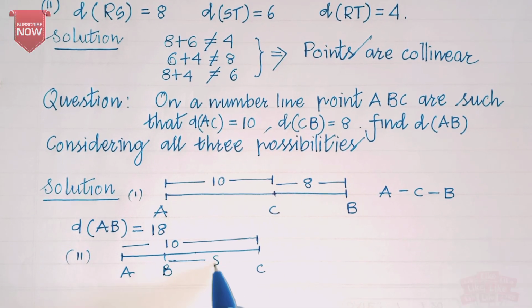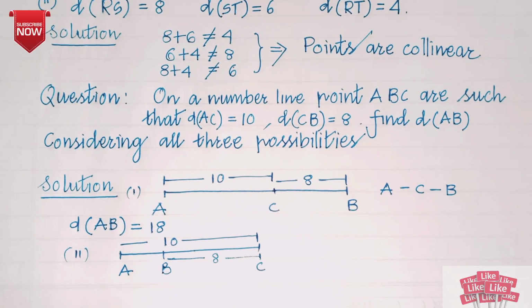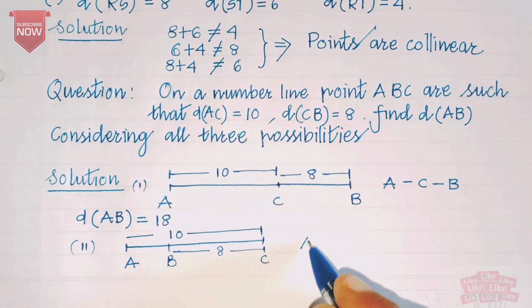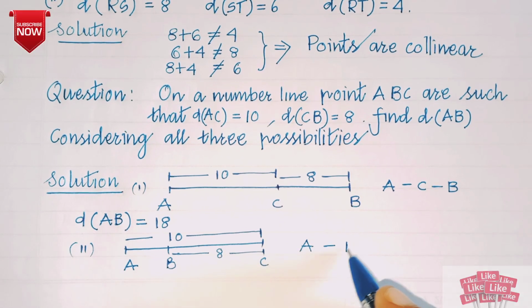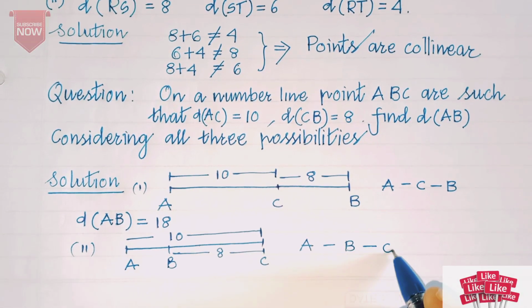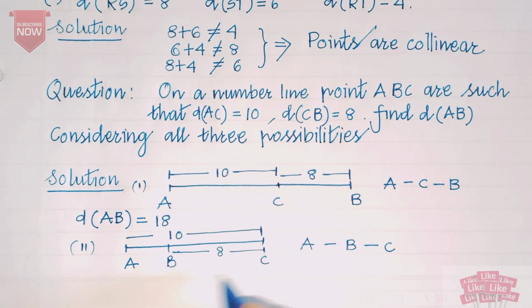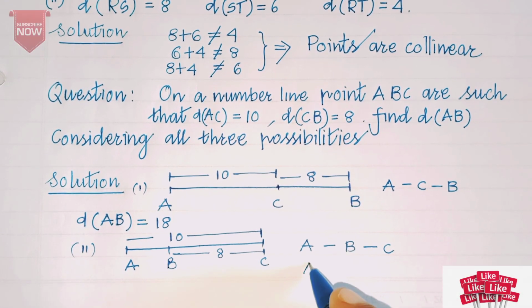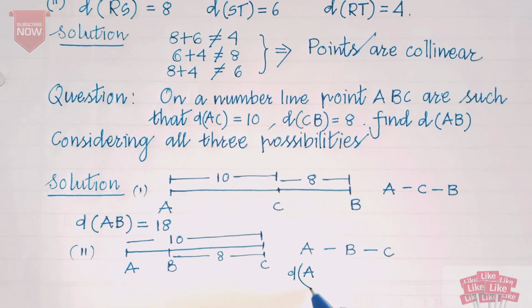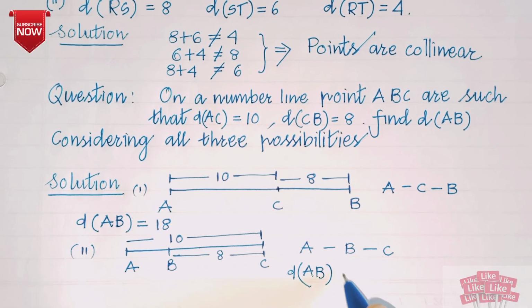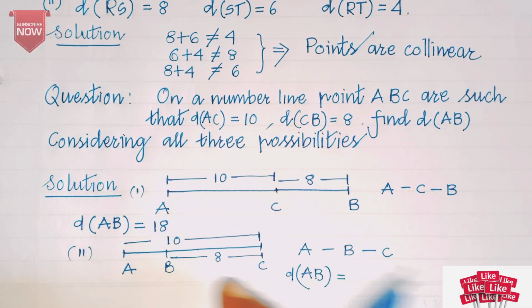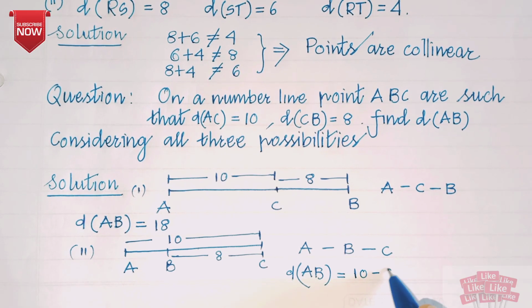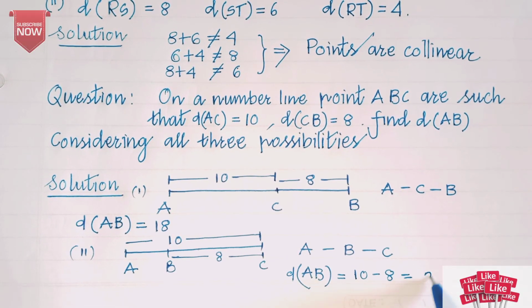We have taken 8 here, we can take it this way also. So the betweenness will be of this type: ABC. It means distance AB in this case is equal to complete 10 minus BC. It is 10 minus 8. It will be equal to 2.